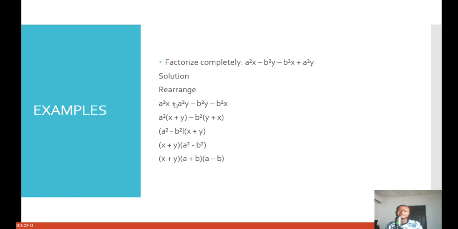Now here I have tried to rearrange, because if I take the first two, obviously there's nothing common. a is not common here, and x is not common here. b also is not common here, y is not common here. So which means I have to rearrange in such a way that here I'm not collecting the like terms.